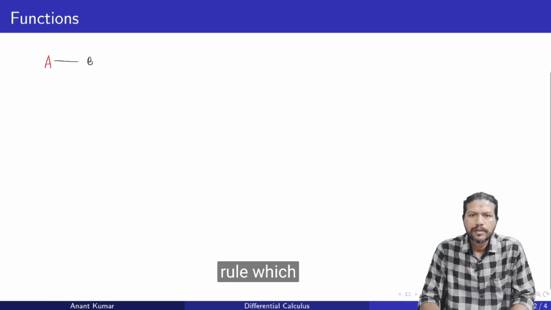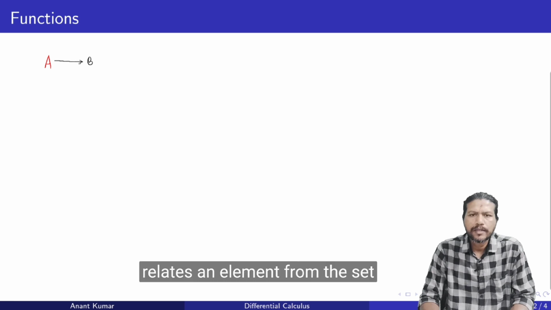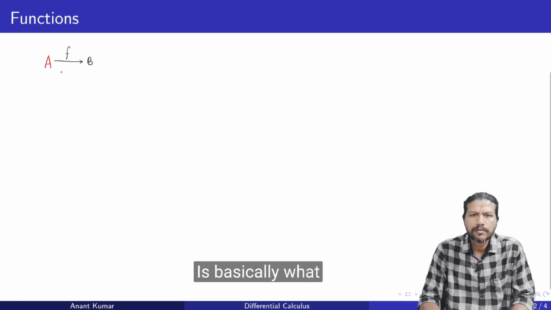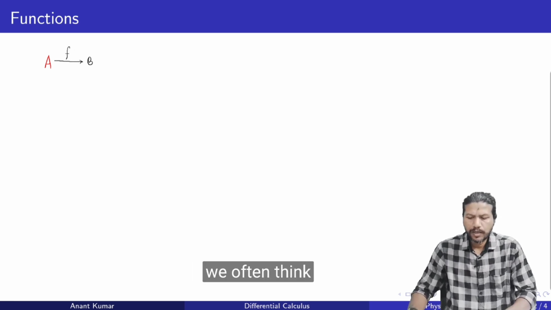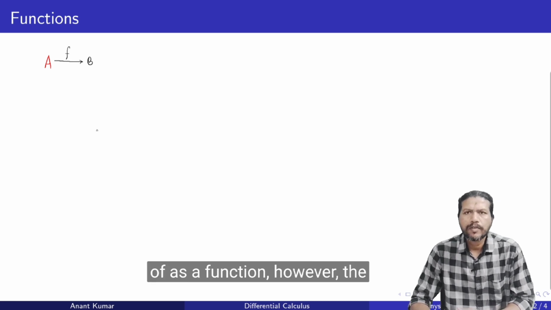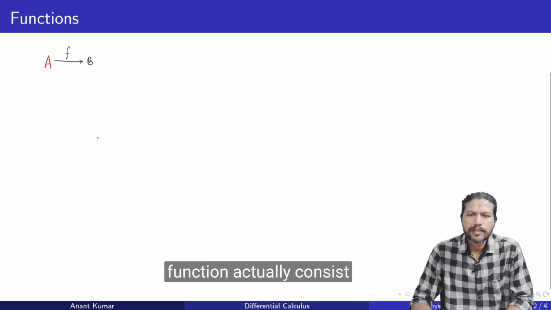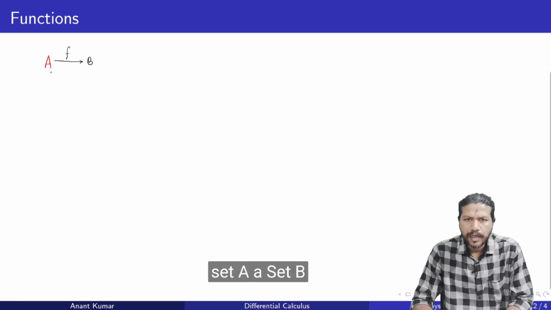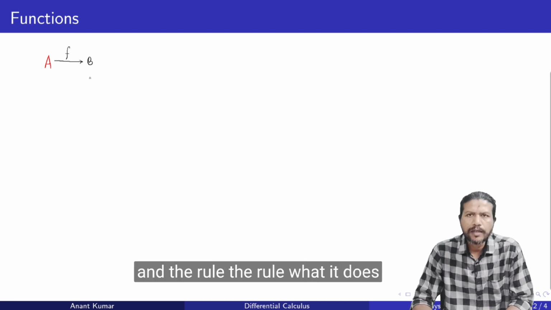The rule relates an element from set A to a unique element in set B. This rule is what we often think of as a function. However, the function actually consists of all three components: a set A, a set B, and the rule.